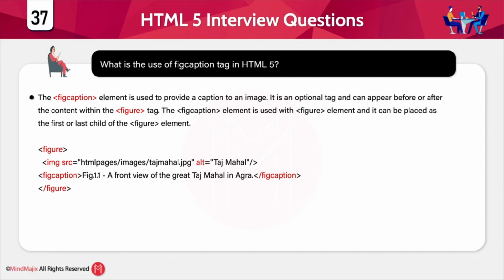It is an optional tag and can appear before or after the content enclosed within the figure tag. Here you can see the figcaption within the figure tag: a front view of the great Taj Mahal in Agra. That is the image, and that is its caption.